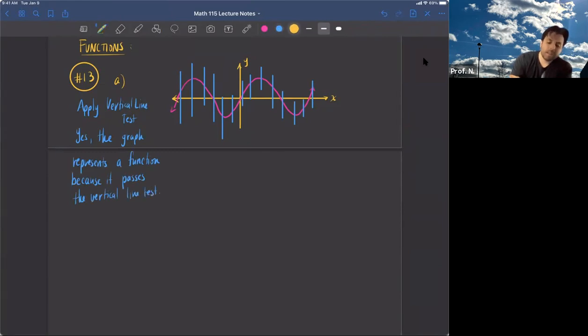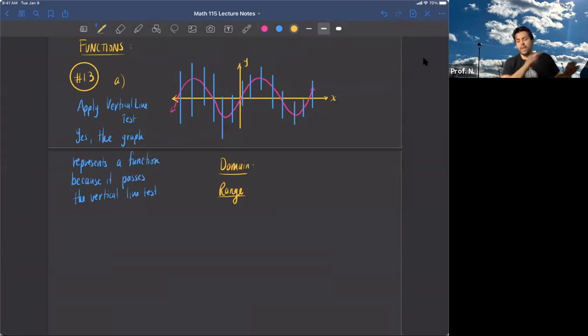Now, what would be the domain? And what would be the range? What would be the domain of a function that keeps on going? You see the arrows, right? It keeps on going all the way to the right as far as possible and all the way to the left as far as possible.